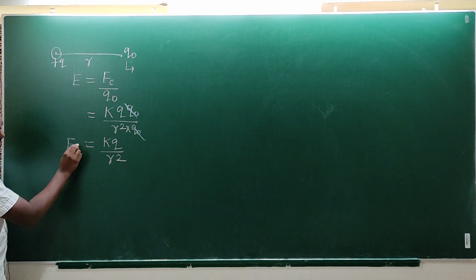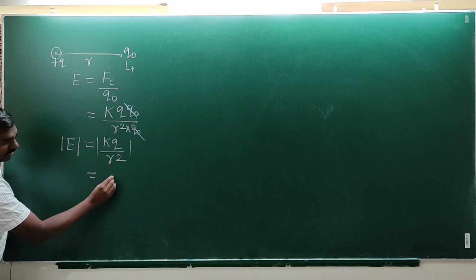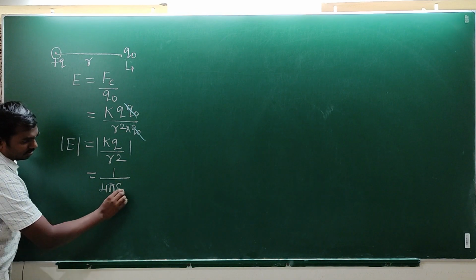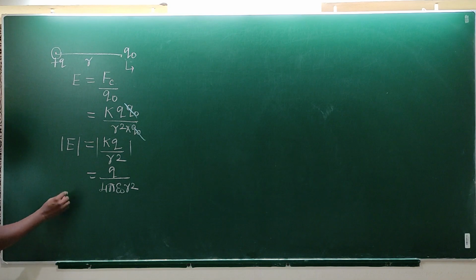This is just the magnitude of the electric field, and it can be written as 1 by 4 pi epsilon naught, Q by R square. This is the electric field in magnitude.